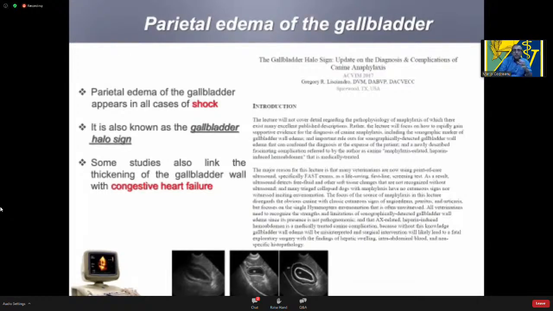This parietal edema is well known as the gallbladder halo appearance or sign.